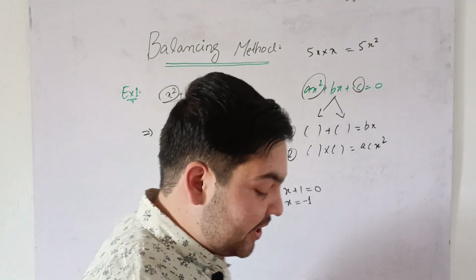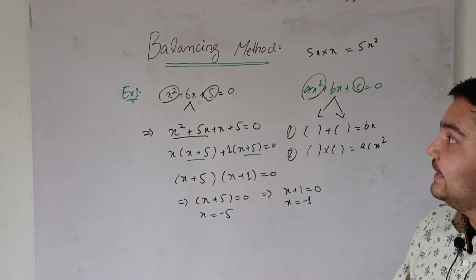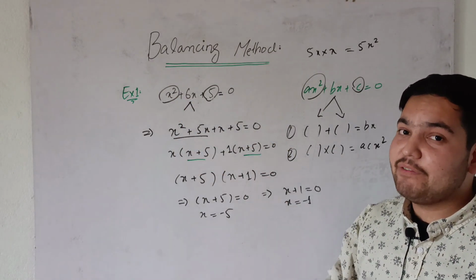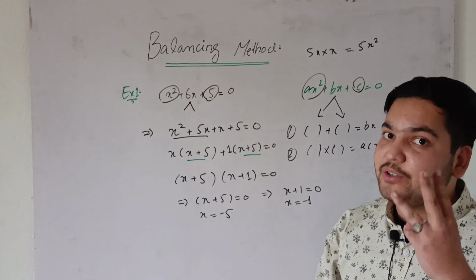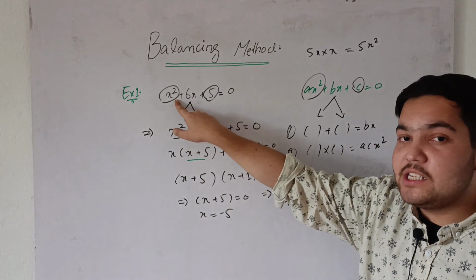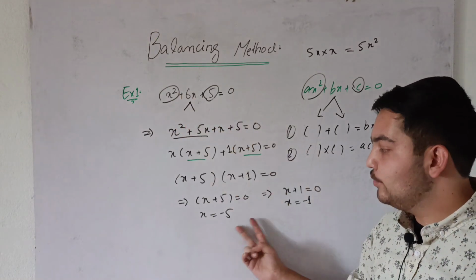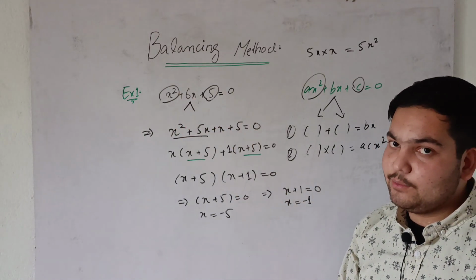Always remember, the highest power decides the number of roots. If the highest power is 3, the equation will have 3 roots. Here the highest power is 2, so the equation has 2 roots, x is equal to minus 5 and x is equal to minus 1.